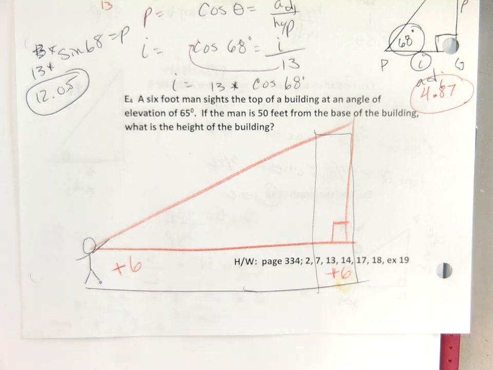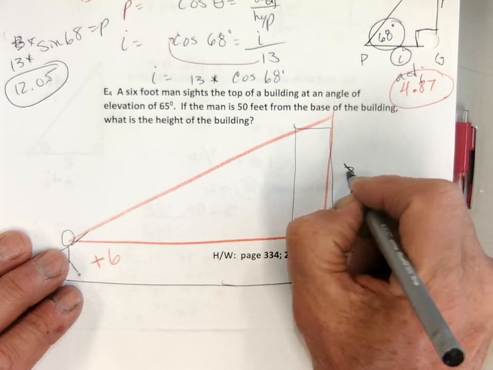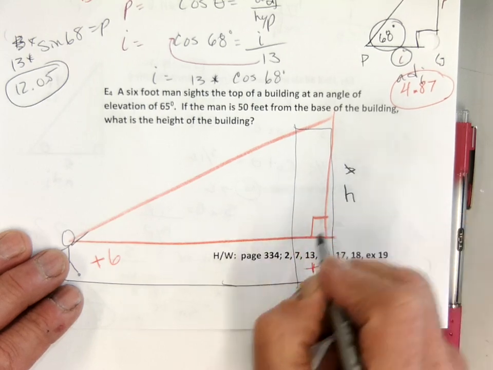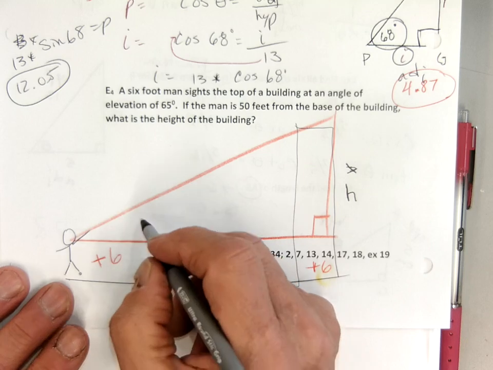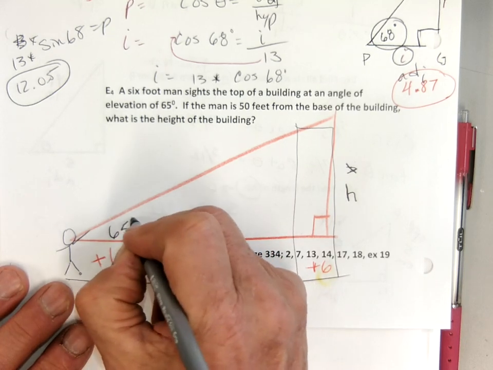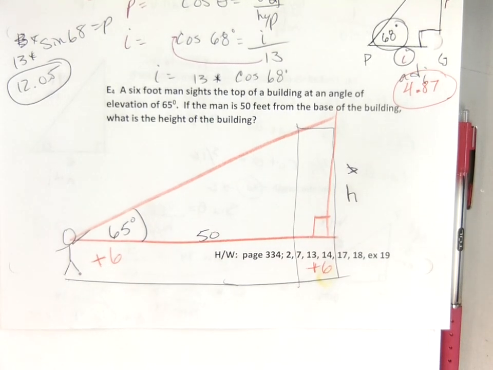So, what do I have? Well, I want the height of the building, call that h for height. I know this is 50. My angle is 65 degrees. What am I going to use? Who said that? Tangent. Good job, Ellie.